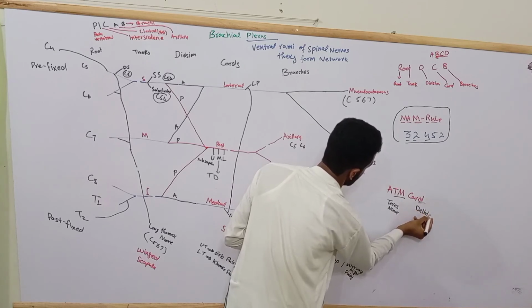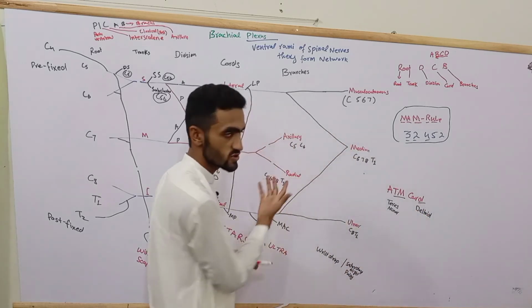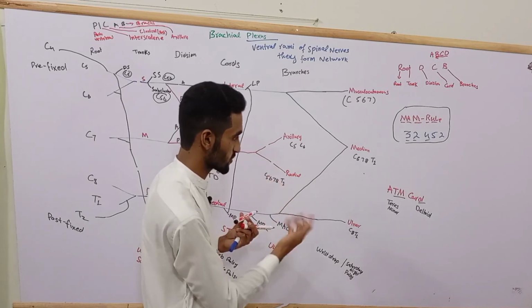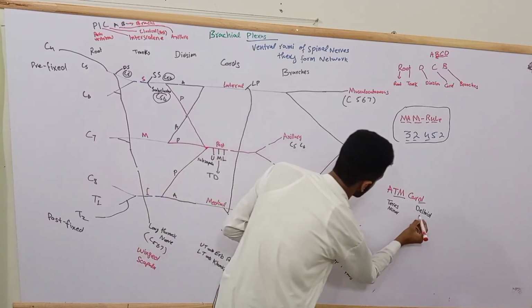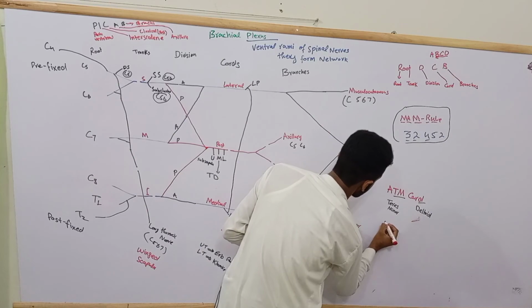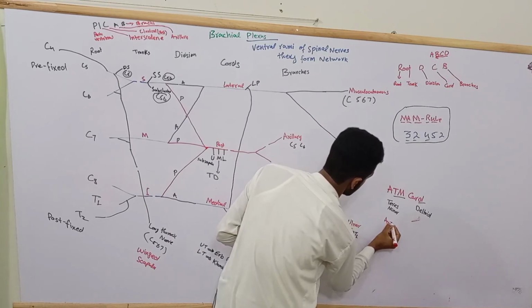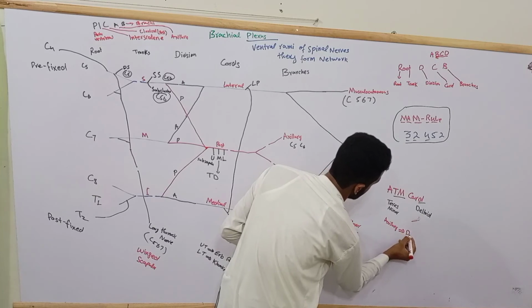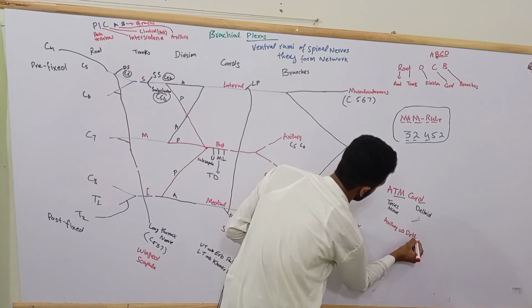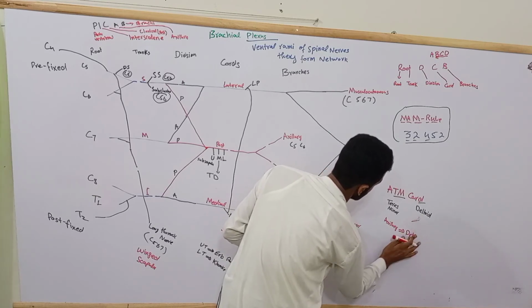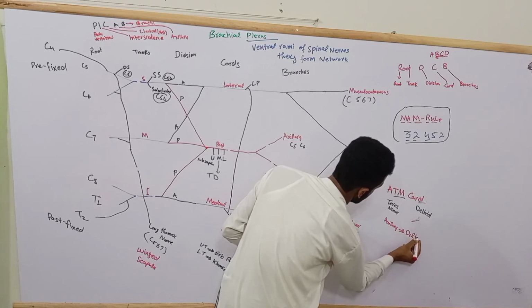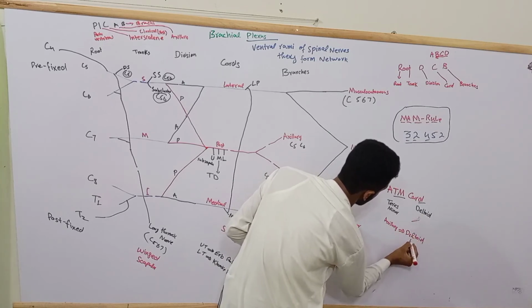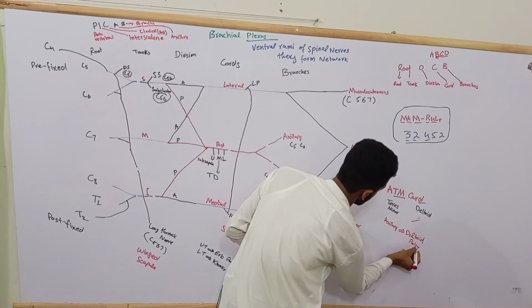So the injury associated with the axillary is also called deltoid palsy. So axillary injury name is deltoid palsy, deltoid paralysis or palsy, whatever you want to say.